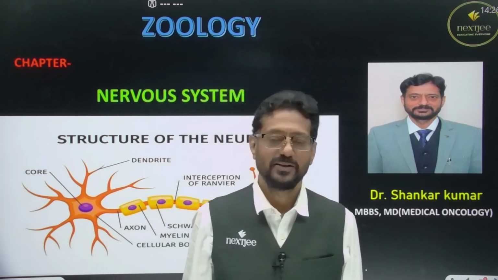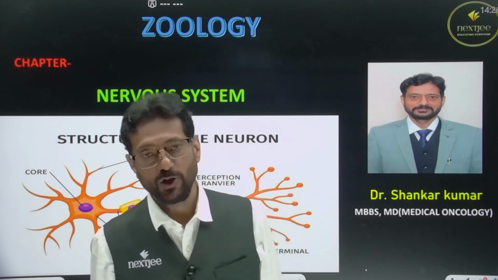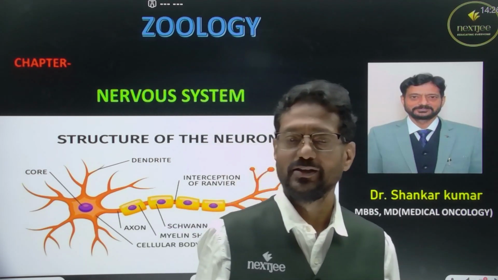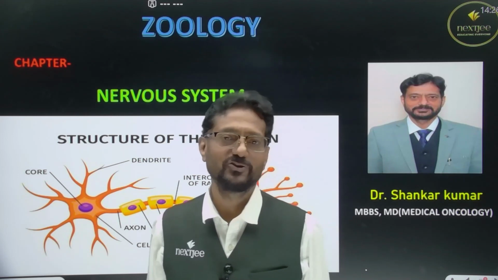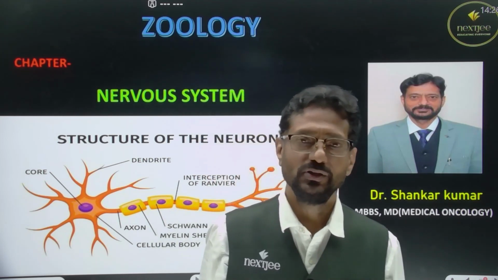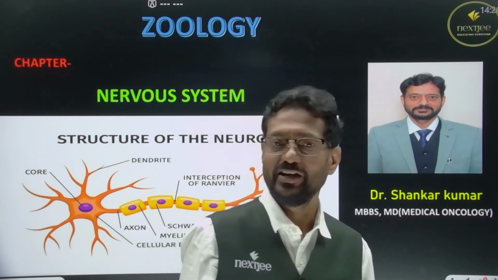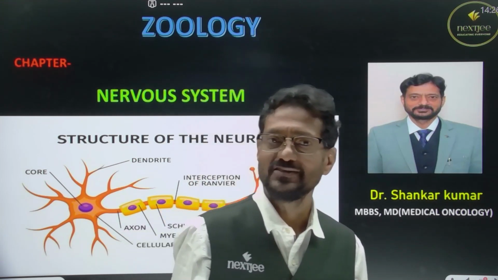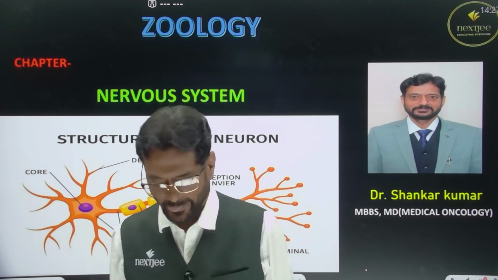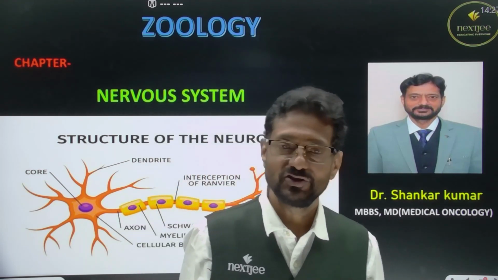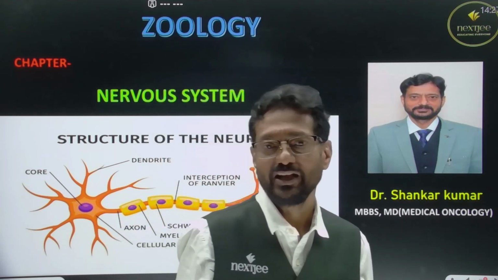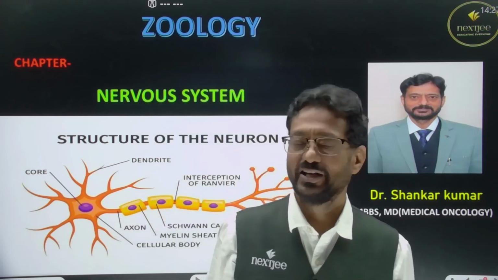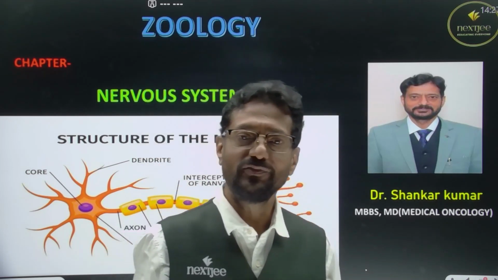Neuroglial cells are of 2 types, small or large. The small one is microglia, the phagocytic cells of the nervous tissue, responsible for killing invading pathogens and keeping our nervous system free from microbes. The large one is macroglia, of 3 types: astrocyte, Schwann cell, and oligodendrocyte. These are the packing cells of the nervous system.